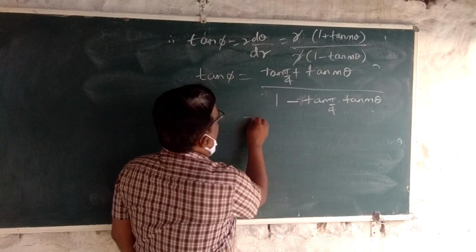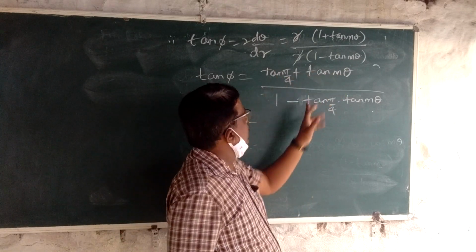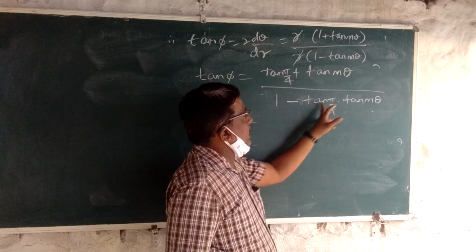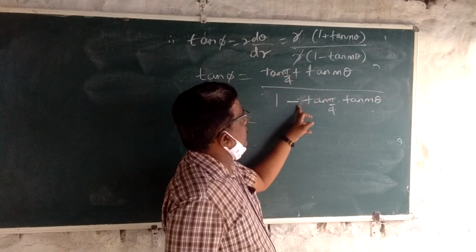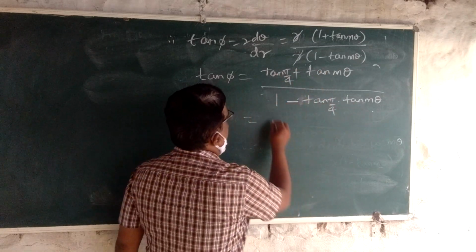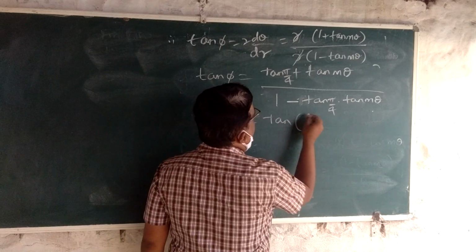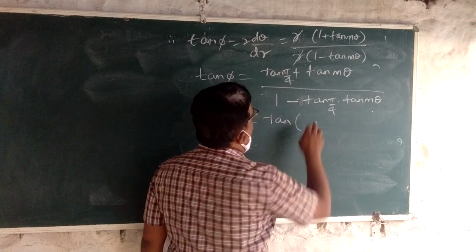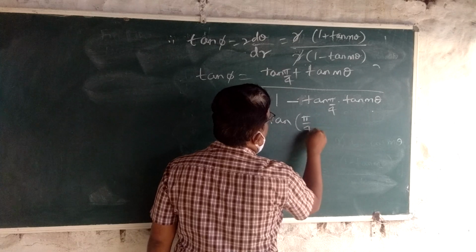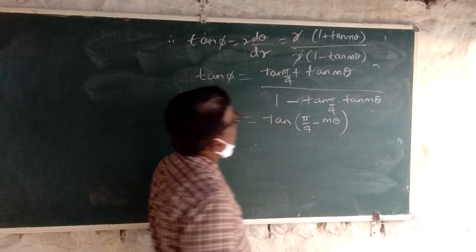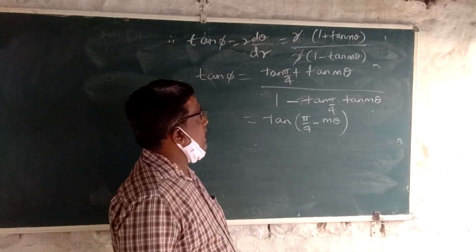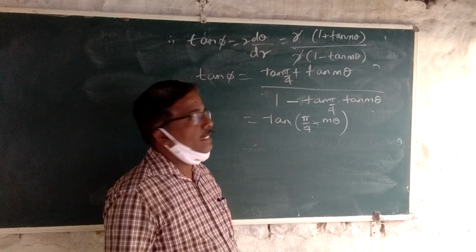Now it is of the form tan A plus tan B divided by 1 minus tan A tan B. Correct? So this is the tan of (A minus B) formula, that is tan of (π/4 minus mθ).